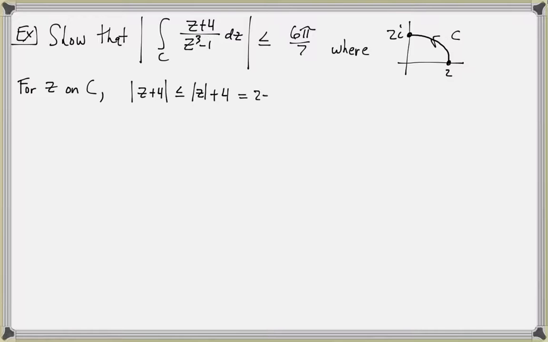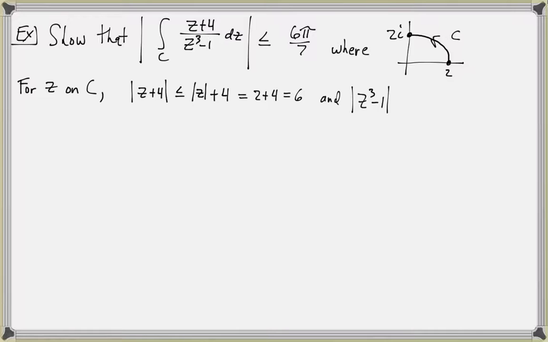So this is 2 plus 4, which is 6. So the numerator is bounded by 6. Now the absolute value of z cubed minus 1: since this quantity is in the denominator, I want to find a lower bound for it, so that when I put it in the denominator, we can get an upper bound for the fraction.